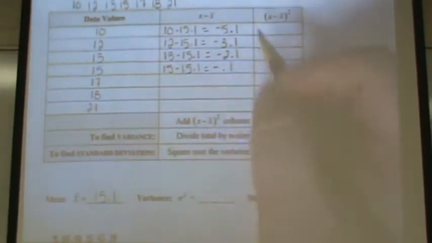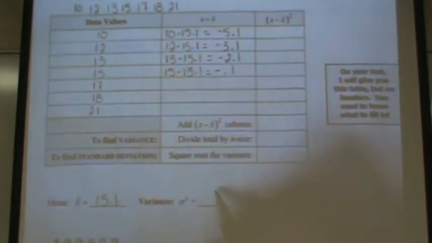13 minus 15.1 gives us a negative 2.1. 15 minus 15.1 gives us a negative 0.1. 17 minus 15.1 gives us a positive 1.9. 18 minus 15.1 gives us a positive 2.9.